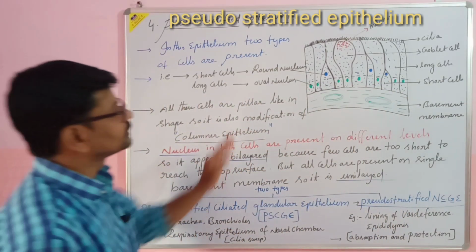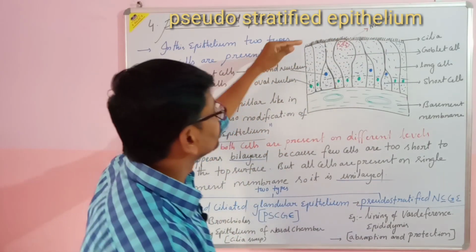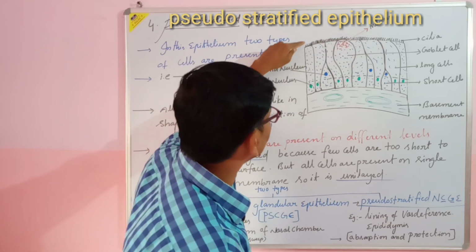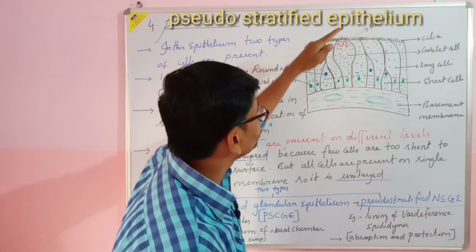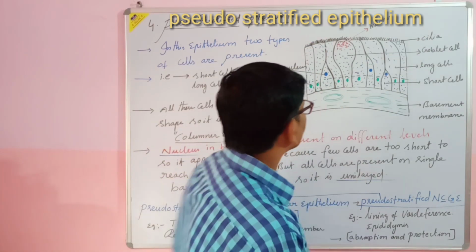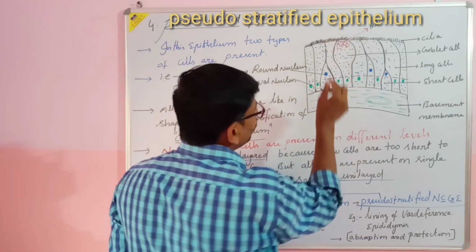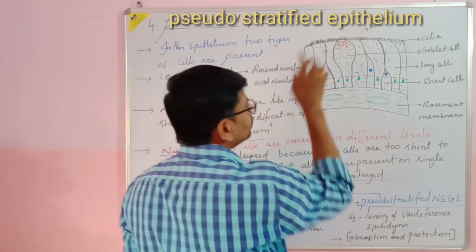Now if you see the apical surface, we can see some interesting projections. The apical surface of these columnar epithelial cells has modified into small hair-like projections called cilia. At the same time, some columnar epithelial cells get modified into goblet-shaped cells called goblet cells.